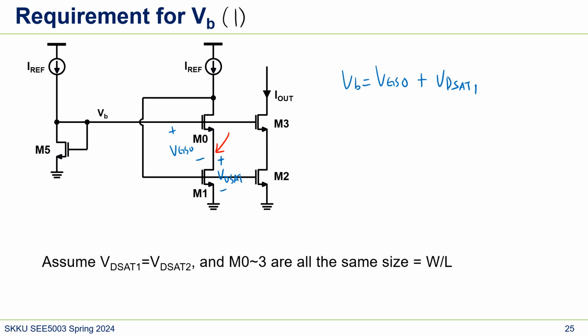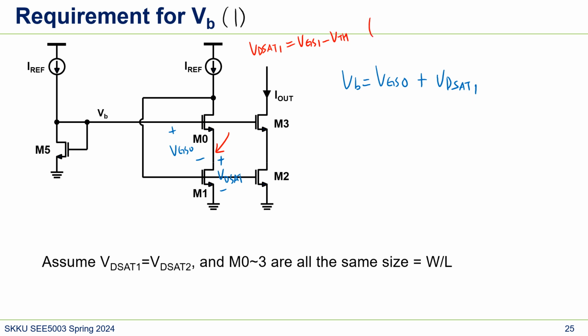So in this case, VDSAT1 should be VGS1 minus VTH. This is what we want. This is at the edge of saturation.